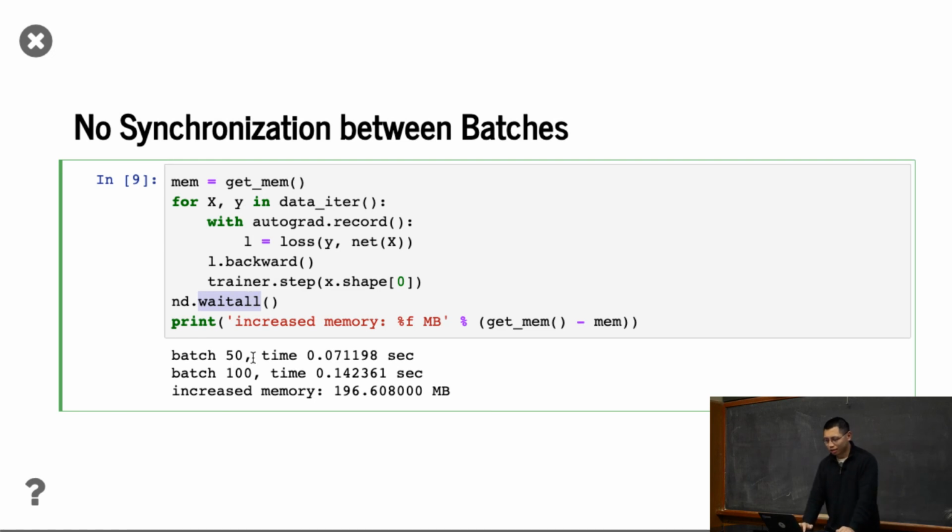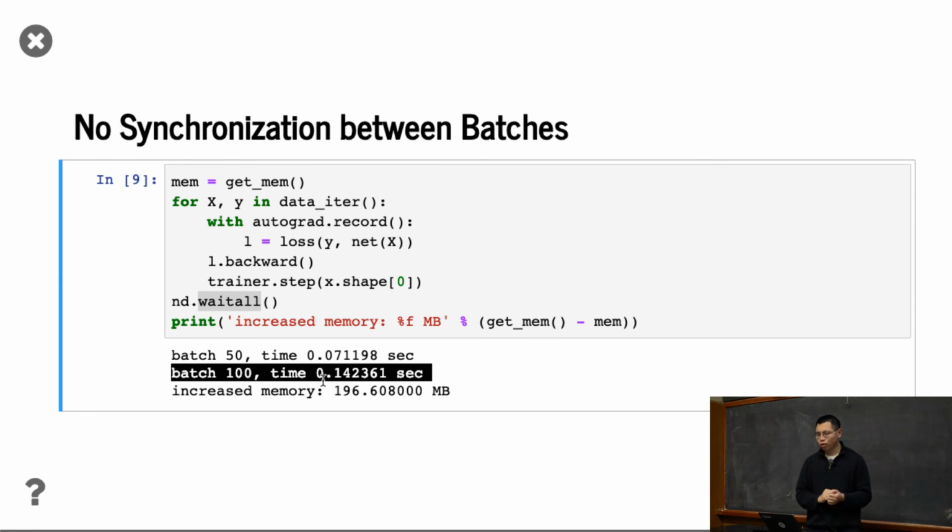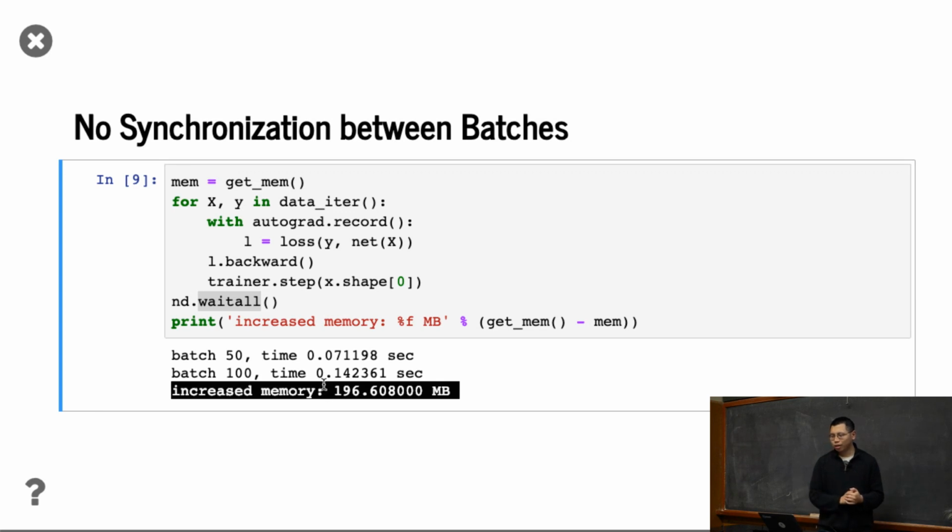Well, you can see that at batch 50, when we generate the data, it took 0.07 seconds. And at the end, batch 100, 0.14 seconds, which means we generated 100 batches at the earlier time. All this data will be in memory. At the end, we compute that the increased memory is almost 200 megabytes. That is, all the data inputs are in memory, and also intermediate results are in memory as well.